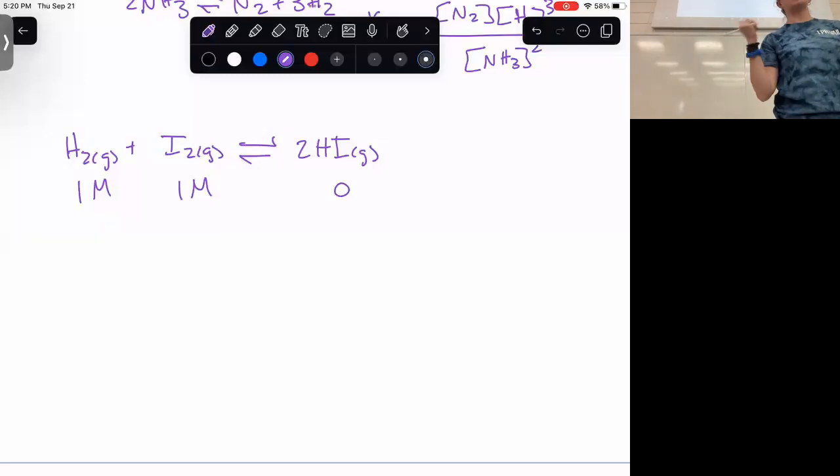It's most likely going to go to the products. We're going to form some product when we mix your hydrogen and your iodine. So if we're making product, what does that do to our reactant? It'll decrease.